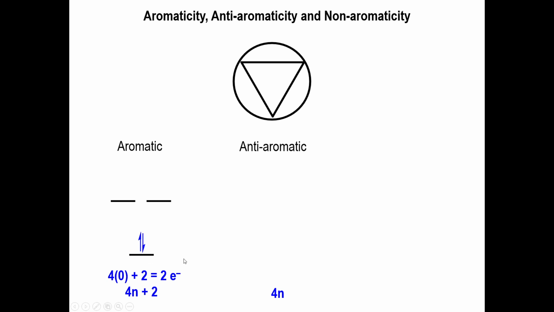Now, there are two other situations you can encounter because the ring, if it's still conjugated throughout all the carbons that make up the ring, and if it's still planar, you still have the situation for it potentially being aromatic. But here's where things change a little bit because you will still have the same diagram for the three-member ring.